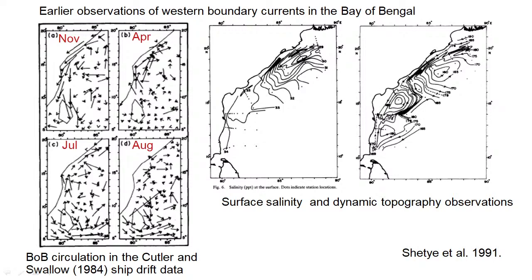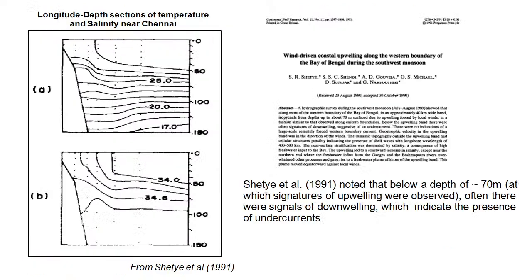You can see lots of variability in the dynamic topography in the coastal waters. That gives an indication that there is some strong current in the western Bay of Bengal. These western boundary currents were later called the East India Coastal Current.